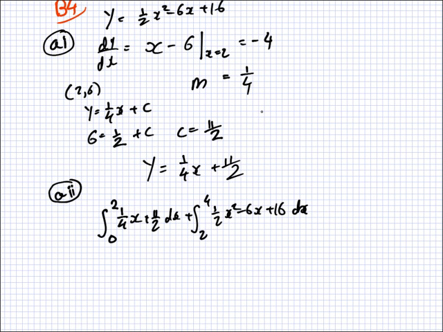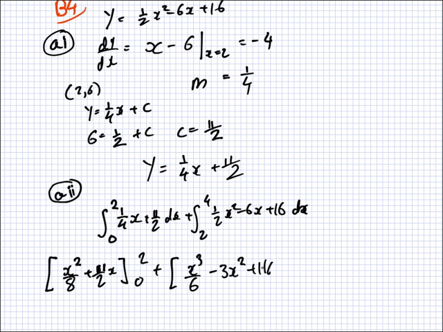Okay, so if I integrate here, increase the power by 1, divide by the new power, 11 over 2 x, 0 to 2, plus increase the power, divide by the new power, 16x, 2 and 4.